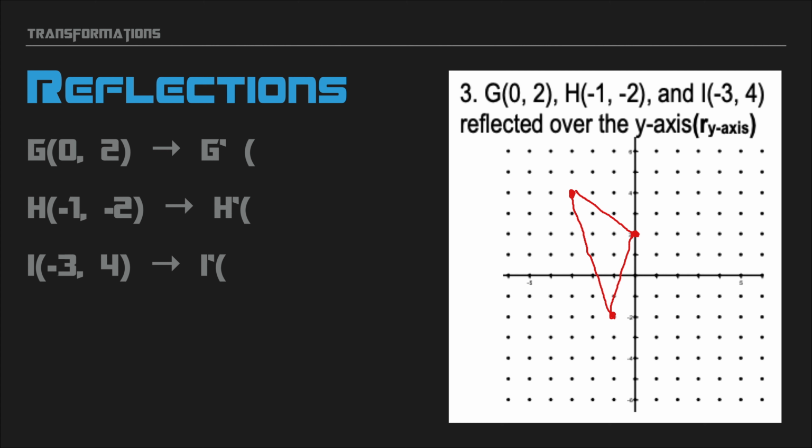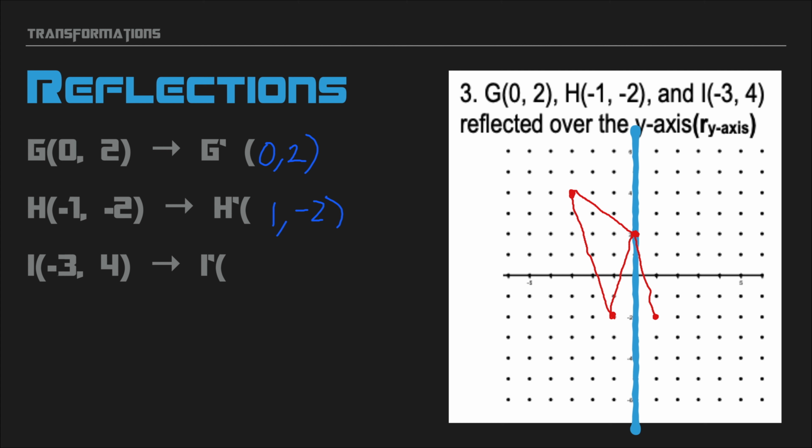Now, in this case, the line of reflection is the y-axis, or our vertical line, right here. So once again, 0, 2 actually isn't going to move. That's going to stay the same because it is on our line of reflection. But then negative 1, negative 2, well, it's 1 away from the line of reflection, so it's going to move to positive 1, negative 2. Notice that the negative 2 didn't change.